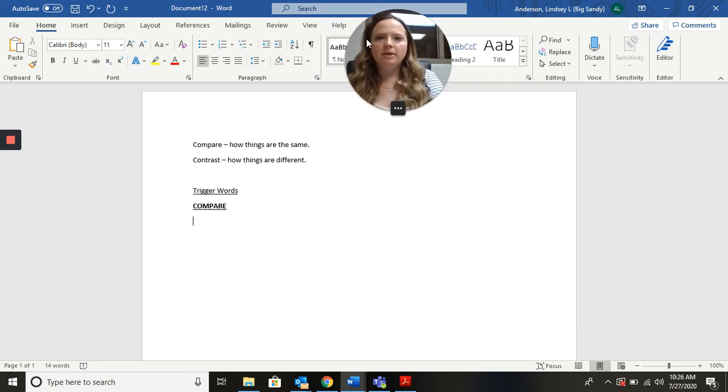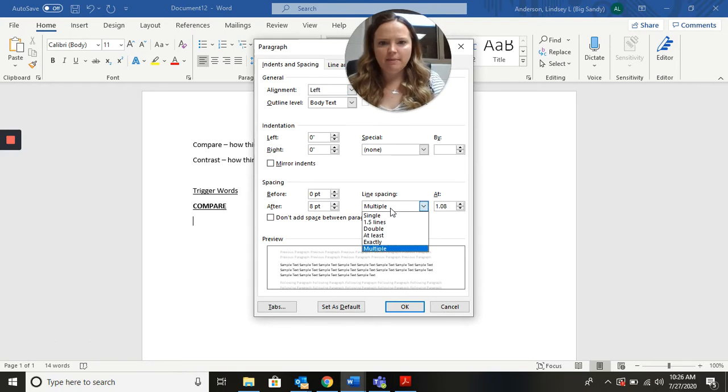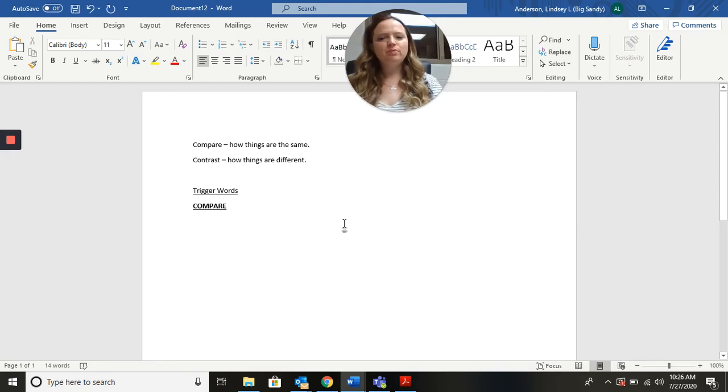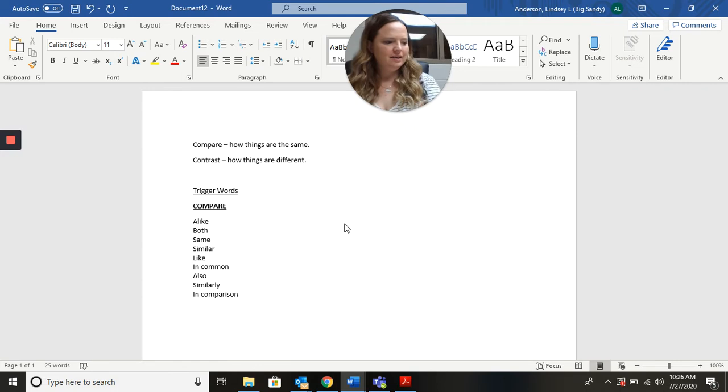Some language that talks about how things are similar is words like alike, both, same, similar, like, in common, also, similarly, in comparison to, and as well as.